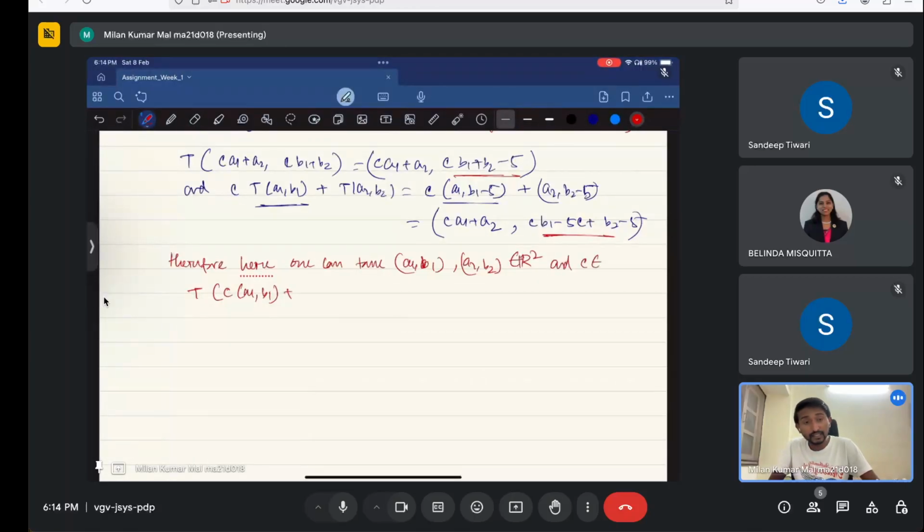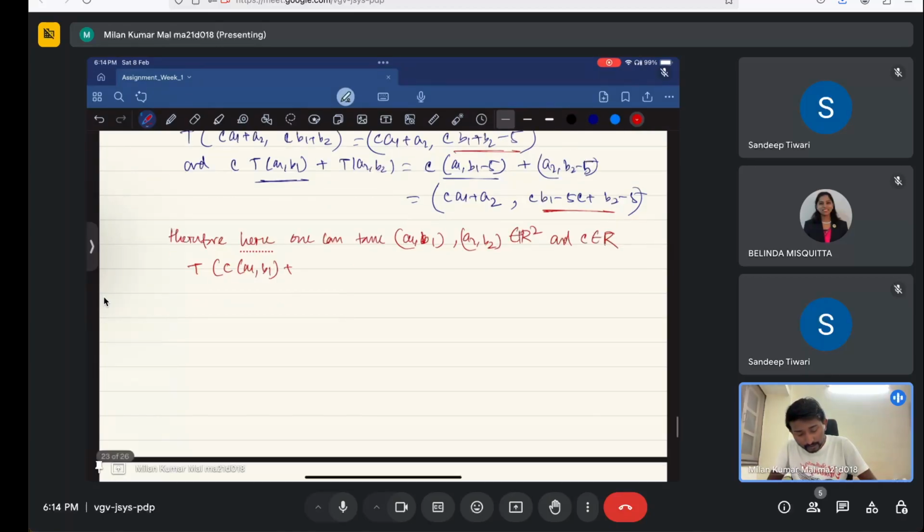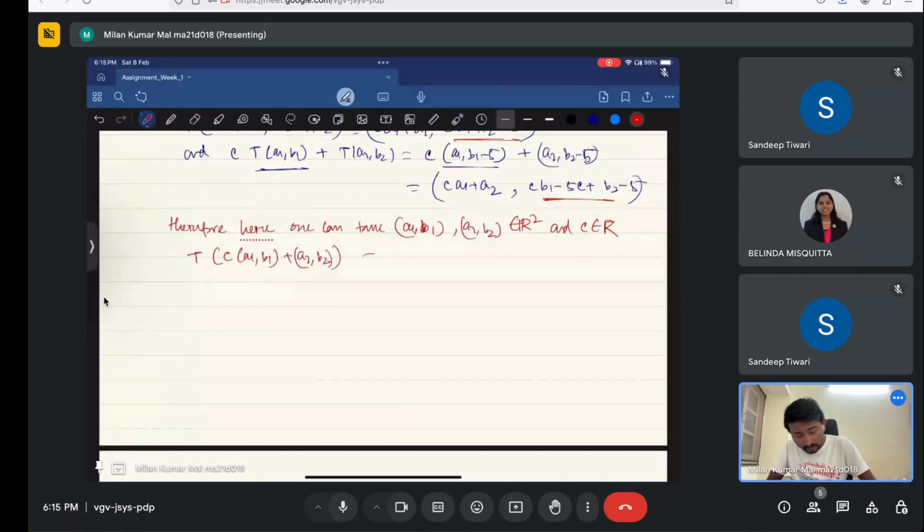If we consider c is 0, then there is nothing, but we can choose a suitable c that is not 0. So that's why the first one will not be the option.